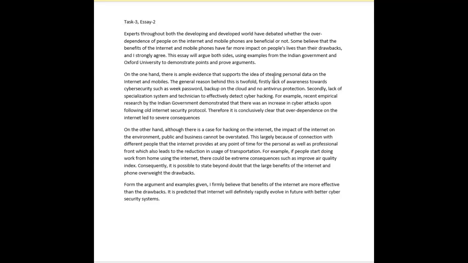The general reason behind this is twofold. Firstly, there is a lack of awareness towards cybersecurity, such as weak passwords, backup on the cloud, and no antivirus protection. Okay, fine.